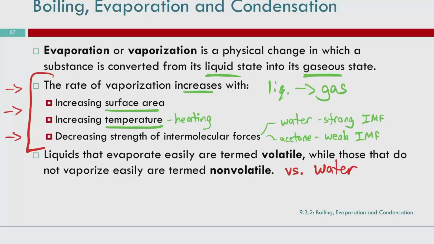We can practically apply this when drying our hands in the bathroom with the blow dryers. So obviously, one of the important points, increasing temperature. When the air that's coming out of the blow dryer is cold, it's not really helping evaporate the water off your hands very much.